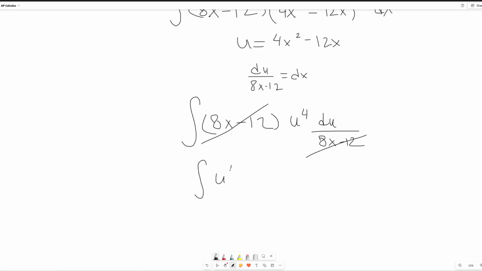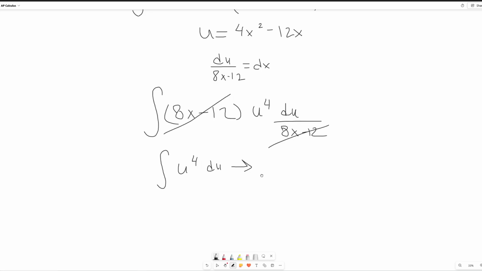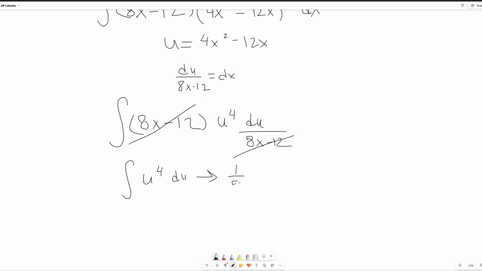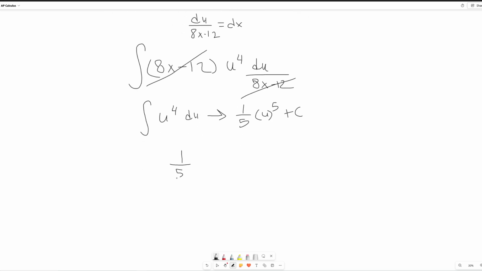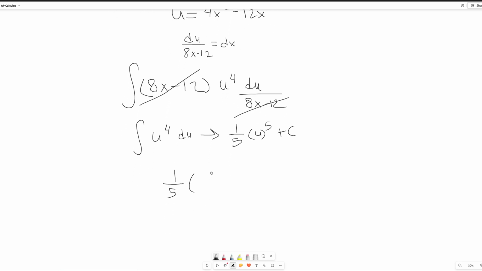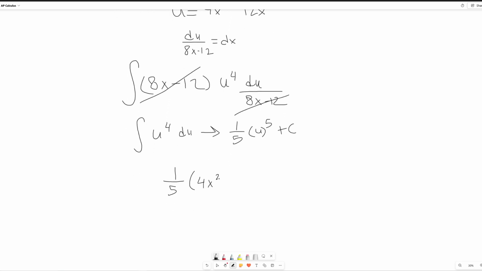So now you have u to the fourth du, which is just 1/5 times u to the fifth plus c. And then remember, you have to resubstitute in your u. So this answer is just 1/5 times 4x squared minus 12x to the fifth plus c.